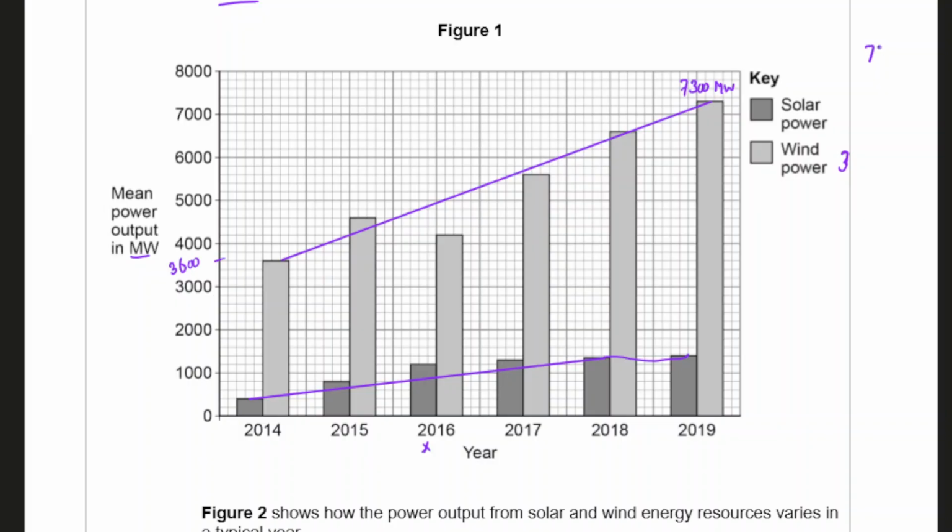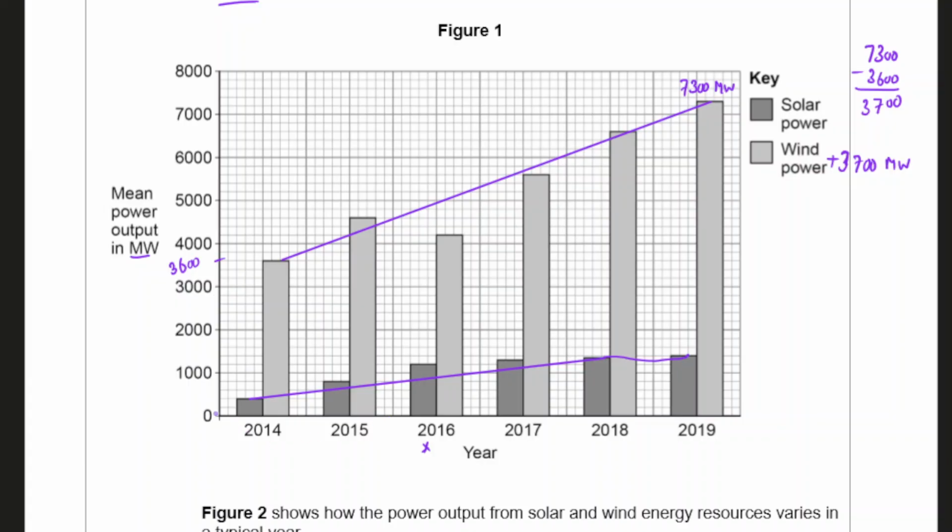So 7,300 minus 3,600 will give me 3,700. So wind power increased by 3,700 megawatts.